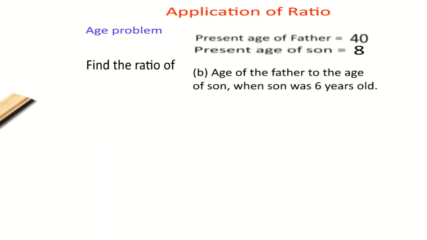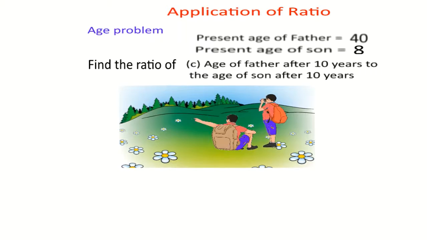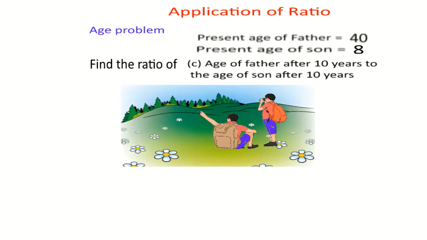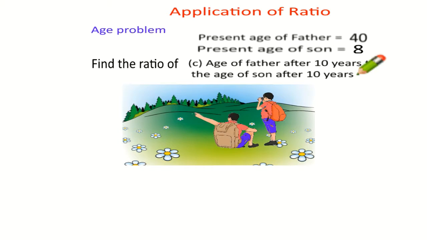Now we can solve the third problem. Find the ratio of the age of father after 10 years to the age of son after 10 years. Here we have to find the ratio of ages after 10 years.